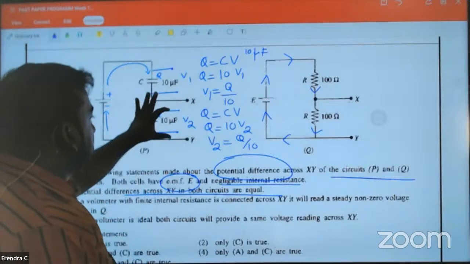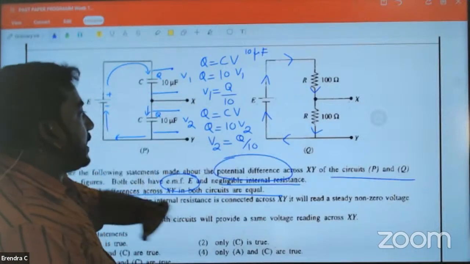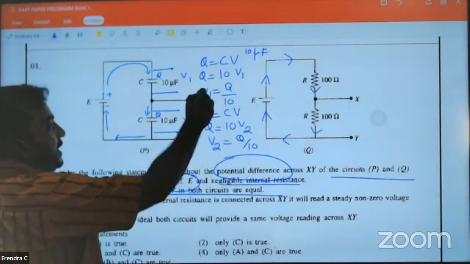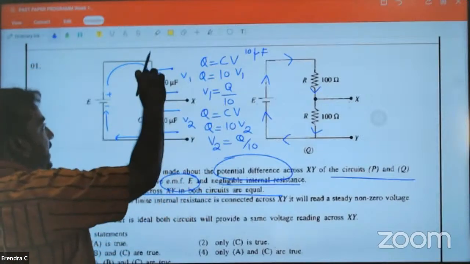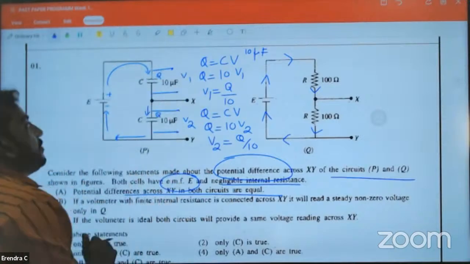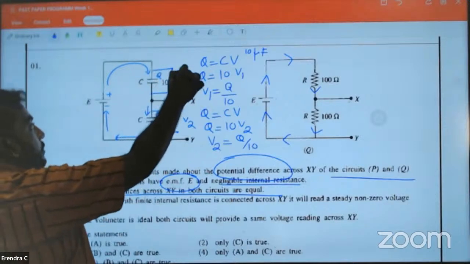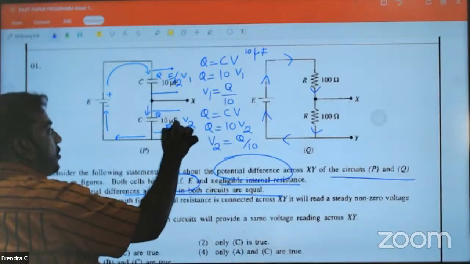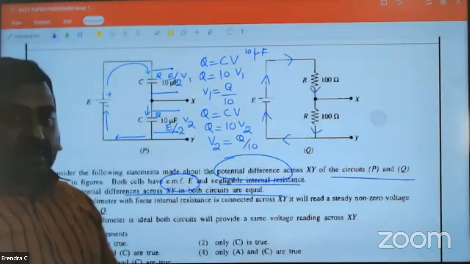This is Q divided by 10, exactly half. This is exactly divided half. So here also the potential is going to be E divided by 2.